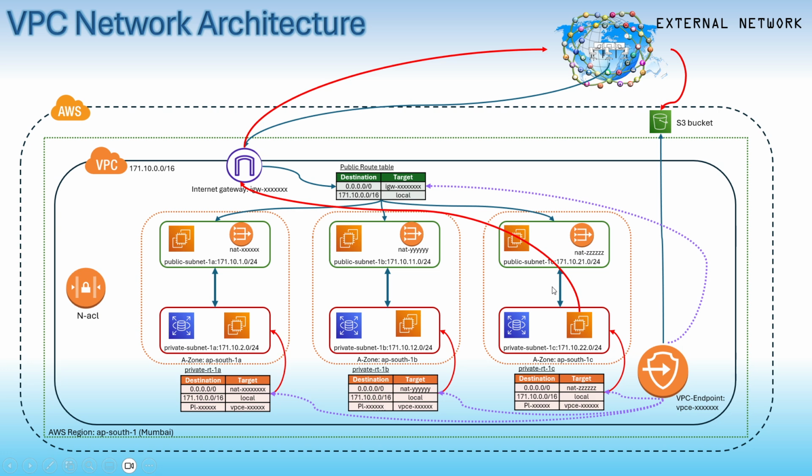Here we are connecting using the public internet. We don't know how many jumps our request has through the external network, how many routers it connects to. But if we have a VPC endpoint, then we have already created a direct link, so we can use that link to establish the connection and send the data privately.